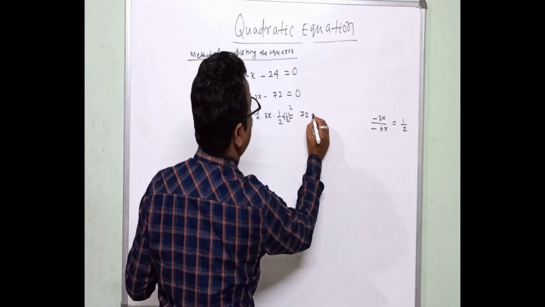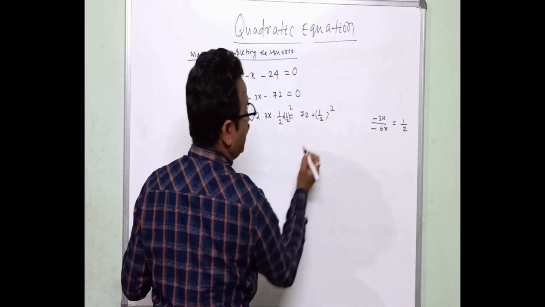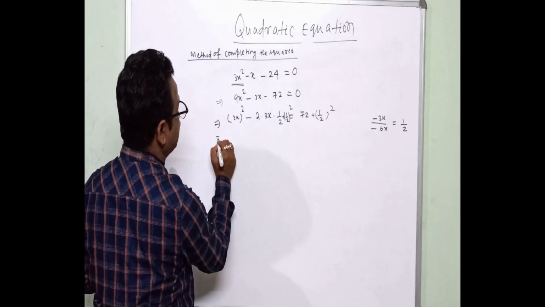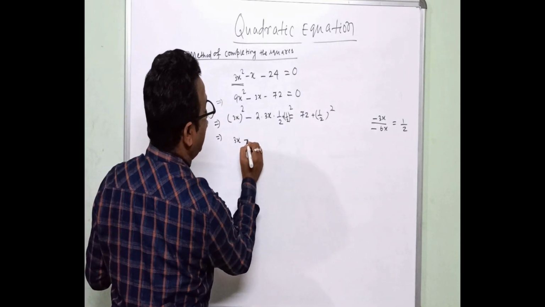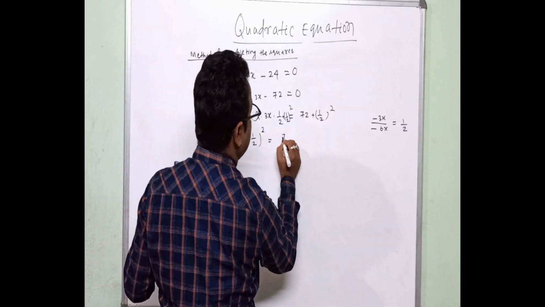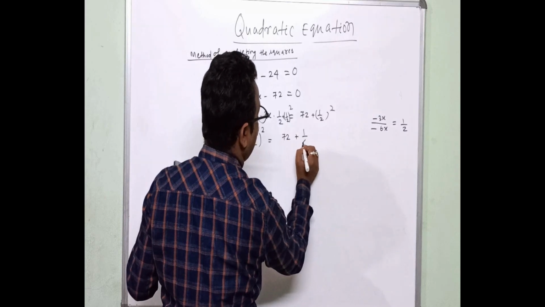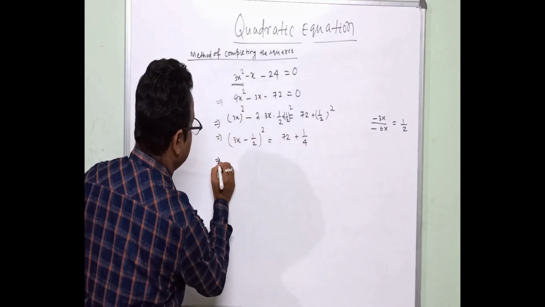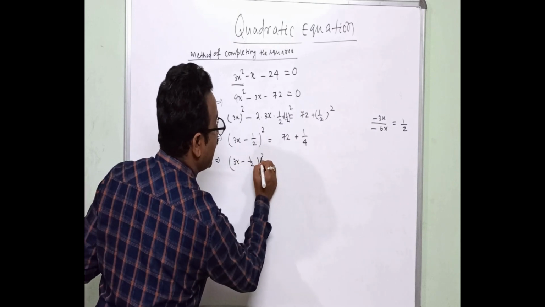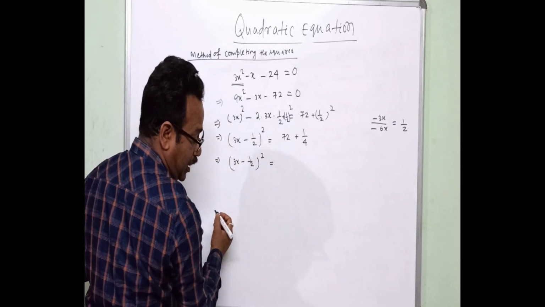That implies 3x minus 1 by 2 square is equal to 72 plus 1 by 4. That implies 3x minus 1 by 2 square is equal to what?